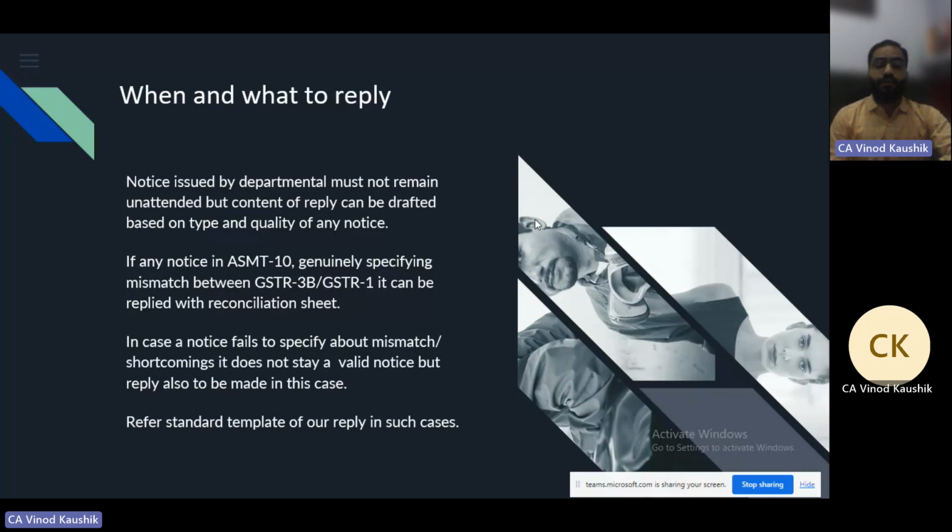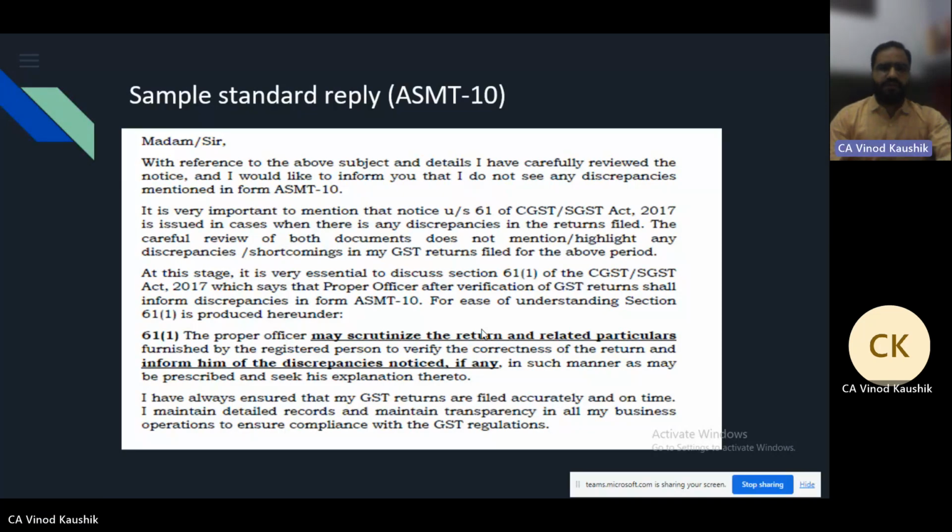And we are giving you a standard reply for that. This can be the standard reply: I have reviewed the notice and I would like to inform you that I do not see any discrepancies mentioned in Form ASMT 10. It is very pertinent to mention that a notice under section 61 is issued in cases when there are discrepancies in the returns filed. This is the basis, you can say.